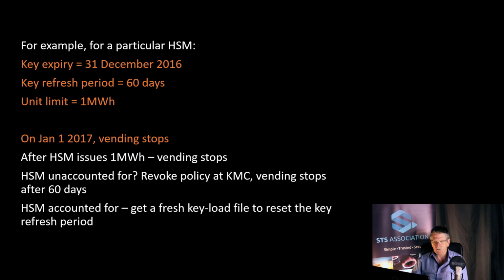After the secure module issues 1 megawatt hour, the vending stops because your unit limit is set at 1 megawatt hour. If a security module is unaccounted for, revoke the policy at the KMC, and the vending stops after 60 days. Why? Because he needs to refresh his security module every 60 days.